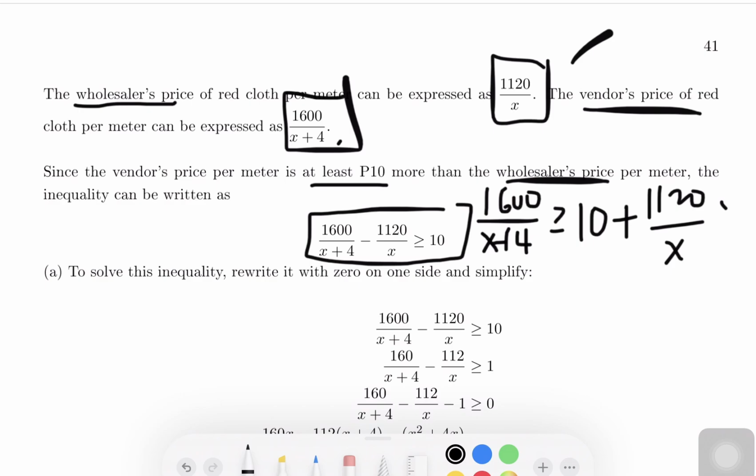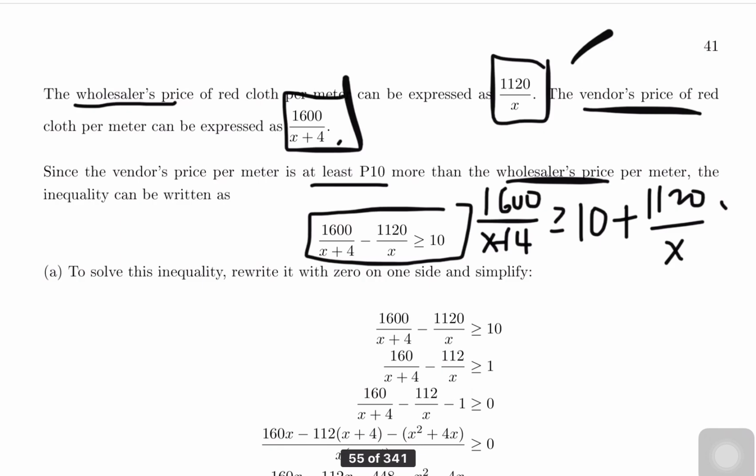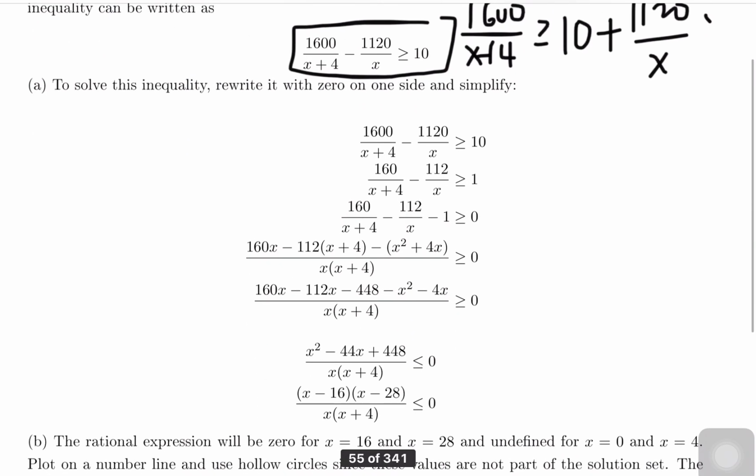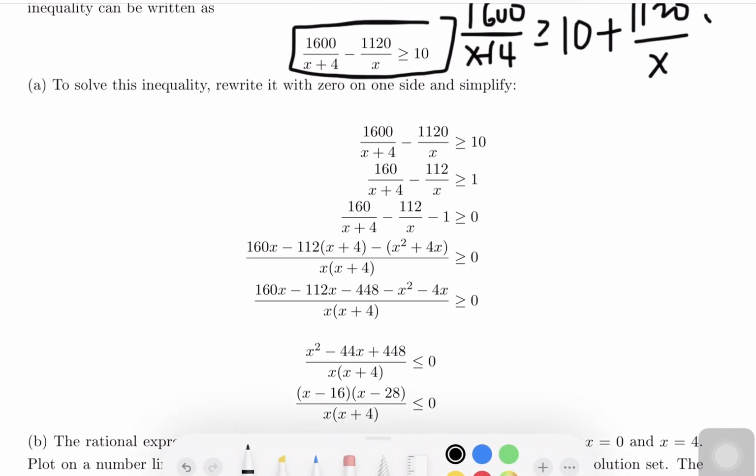Okay, so now we will go back to our process. This is now our process: the left side must be zero. So in this case, what he did in this book is, since 1,600, 1,120, and 10 are all divisible by 10, he divided by 10.